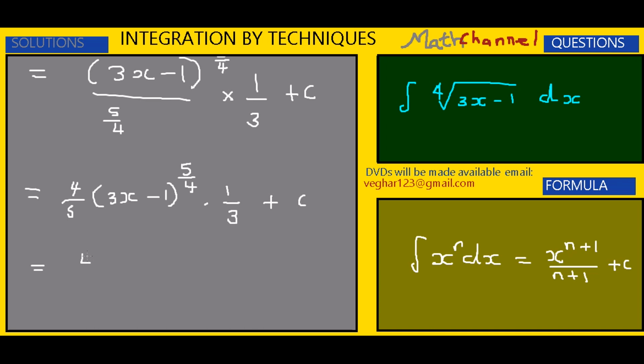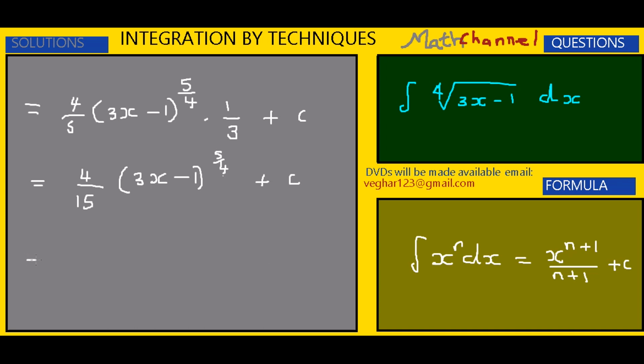So multiplying this, we have 1 multiplied by 4 will be 4, and 3 multiplied by 5 will be 15. So changing this one into a radical form, leaving the answer in the radical form.